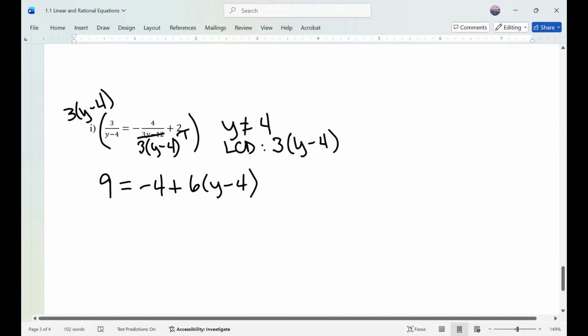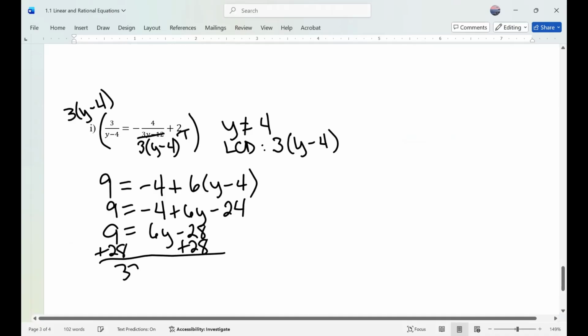So now I want to go ahead and get rid of my parentheses. So I have 9 equals negative 4 plus 6y minus 24. Now I combine my like terms. So I have 9 equals 6y minus 28. So I'm going to add 28 to both sides.